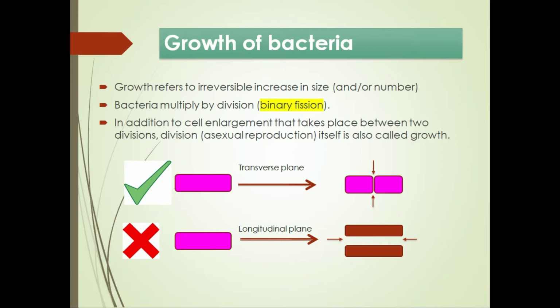But when it comes to single-celled organisms, there is a limit of increase in size. A single-celled organism cannot increase in size abnormally, but they increase in number. So, in case of bacteria or any other single-celled organisms, the growth refers to irreversible increase in size and or number.